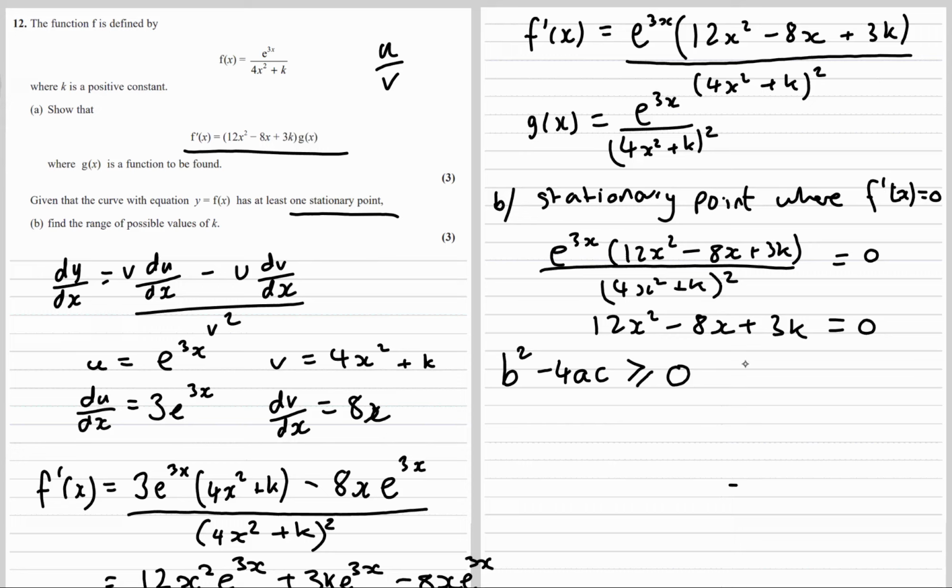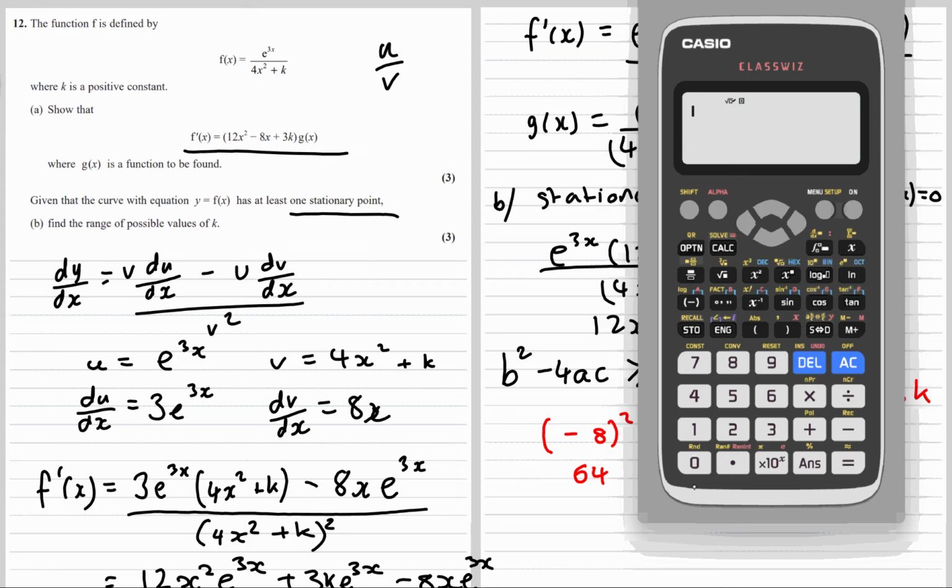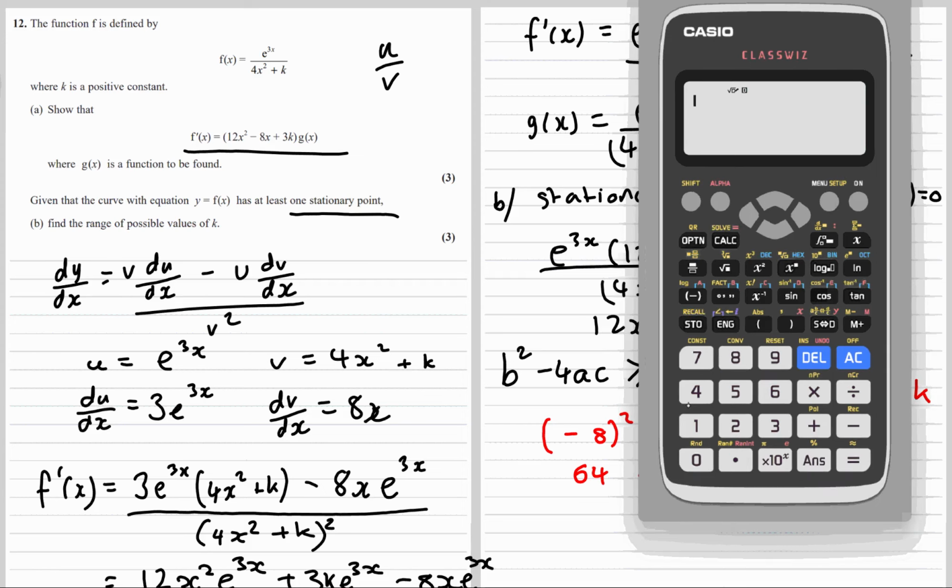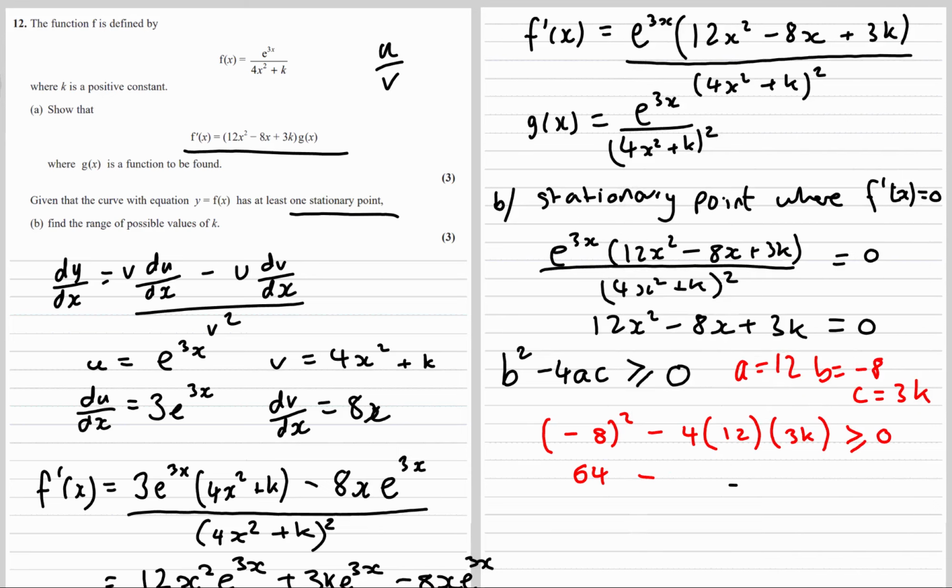So we can say a is 12, b is negative 8, c is 3k, and just substitute them in. So we are going to have negative 8 squared minus 4 times 12 times 3k is bigger or equal to 0. So that is 64 minus, what's 4 times 12 times 3? 144.